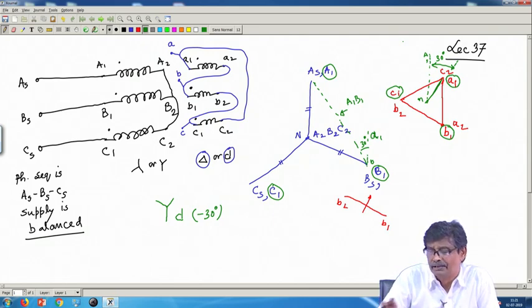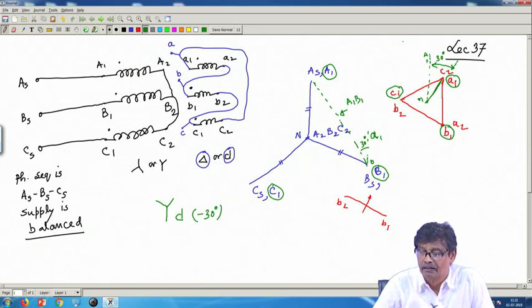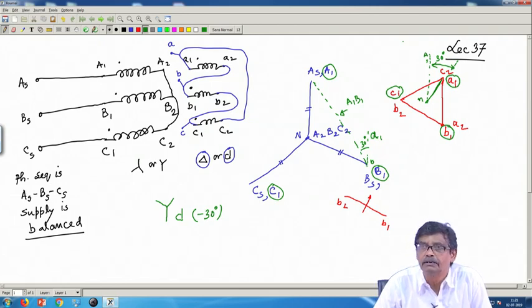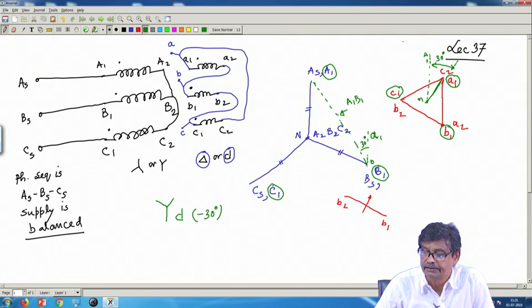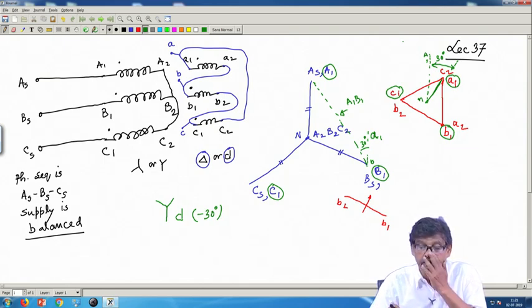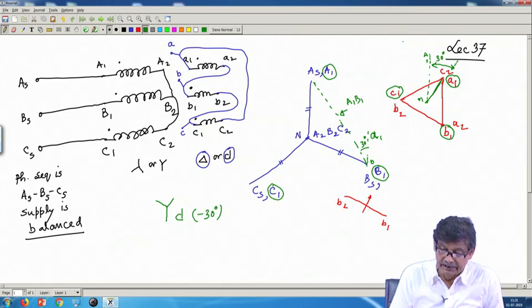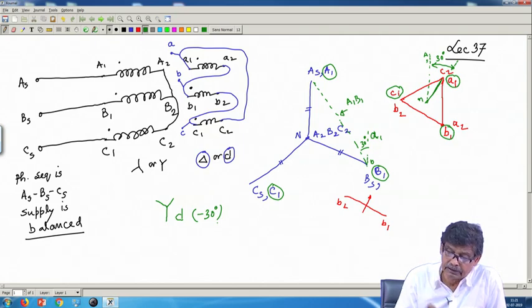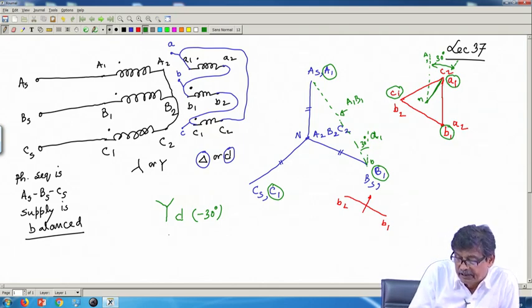It will be true, as you can see, for BC and CA as well. So, examine only the lag or lead with respect to a particular set of line to line voltage. That is the thing I wanted to tell. So, this is the connection then, YD minus 30 degrees. Acha, now sometimes this vector grouping, this is the vector group. Okay.